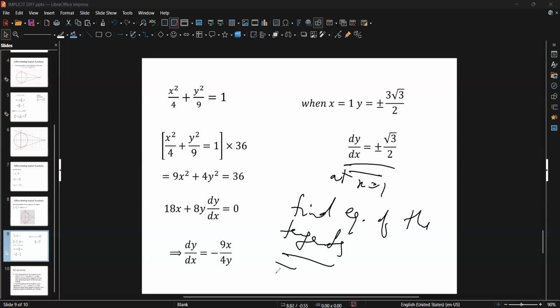You already got the gradients. You got 2 points, right? And therefore, you can now calculate the equation of the tangent using your knowledge of what you did in algebra, right? So that's a little bit there on implicit functions, right?